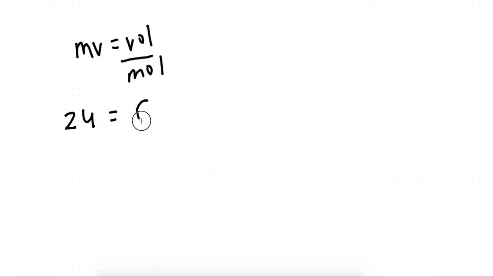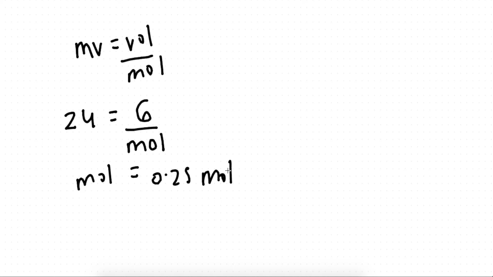So molar volume equals volume over moles. We have molar volume to be 24 because it's room temperature, equals volume, which is 6 decimeter cube, over moles. No need to convert because it's decimeter cube per mole. So to find the number of moles, 6 over 24 equals 0.25 moles.